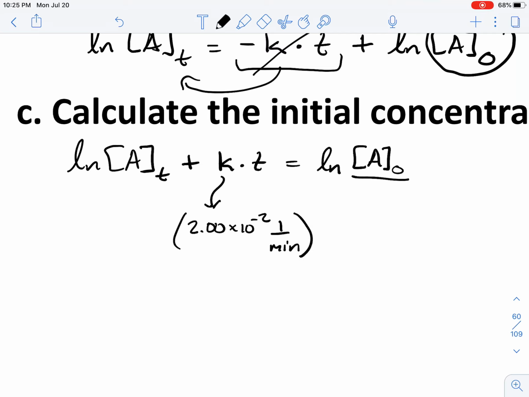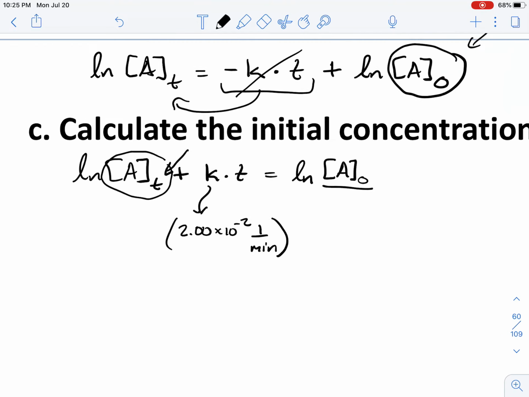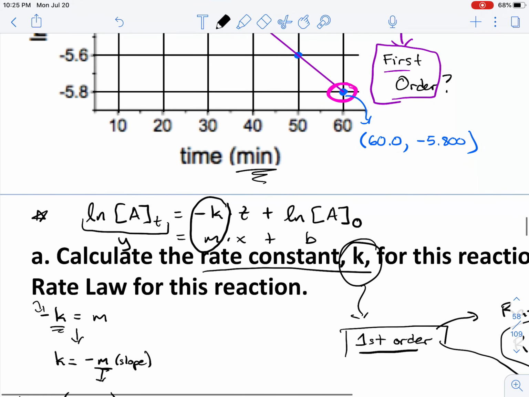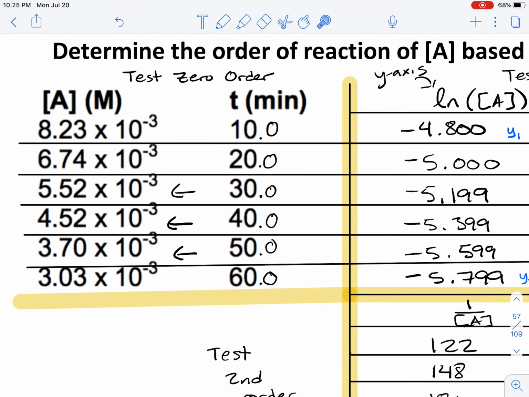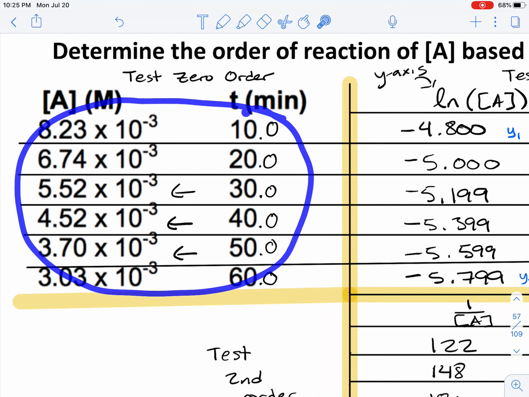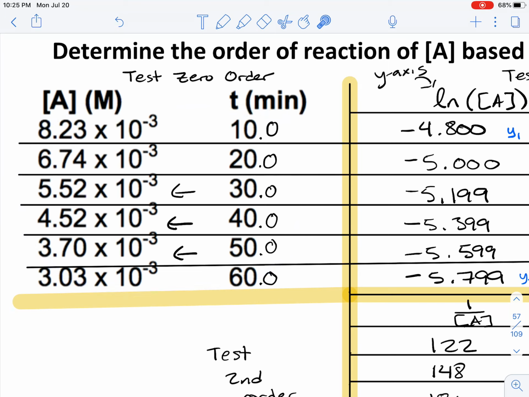Now, notice that this concentration of A is at any time period. And so what we're going to do is we are going to choose any of these points and take the natural log of it.